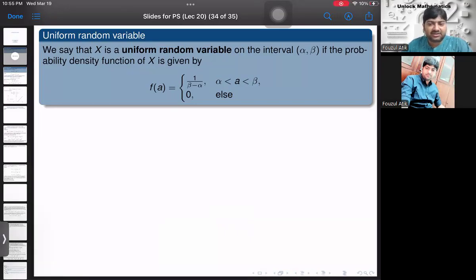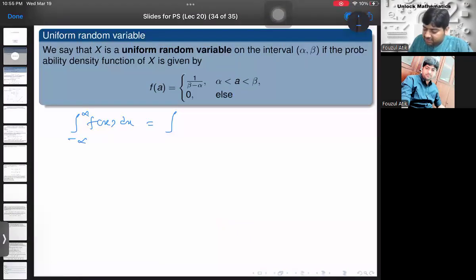Now it is a density function, and you can easily verify that. It is a positive quantity because the values lie between alpha and beta. And the integral from minus infinity to infinity of f(x) dx should be 1. Let's see whether it is 1 or not.